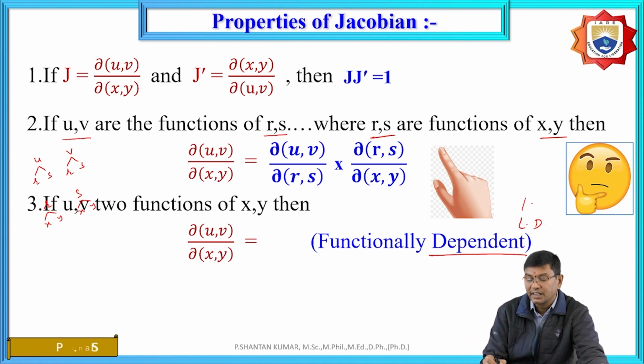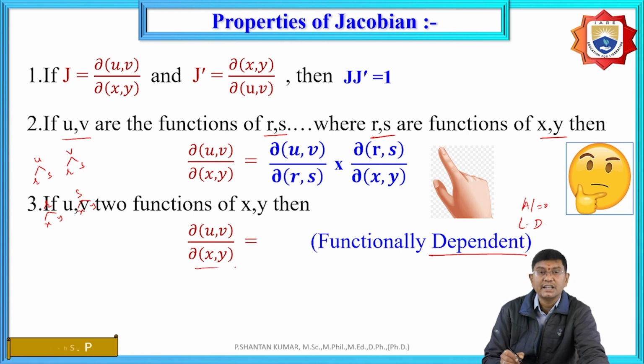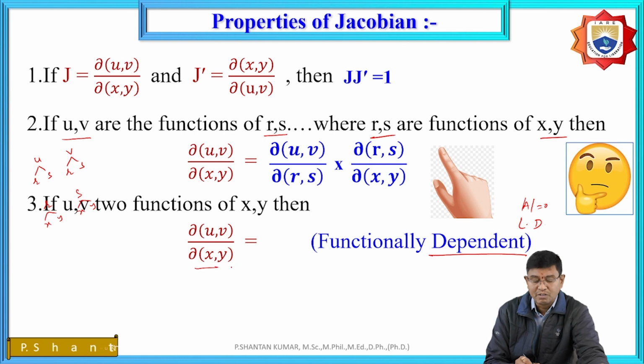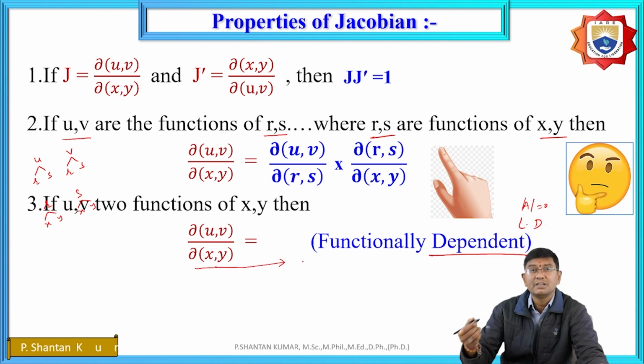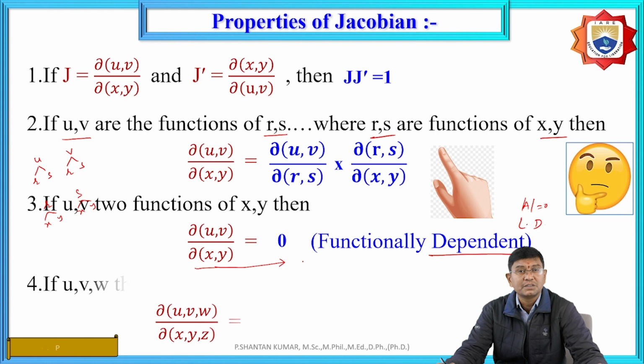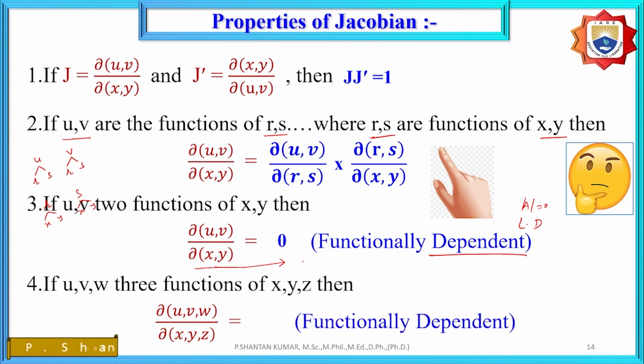Here also the condition is ∂(u,v) by ∂(x,y) equal to 0. Similarly, for three variables, with functions u, v, w and independent variables x, y, z, the functions are dependent when det A is equal to 0, which means linearly dependent.